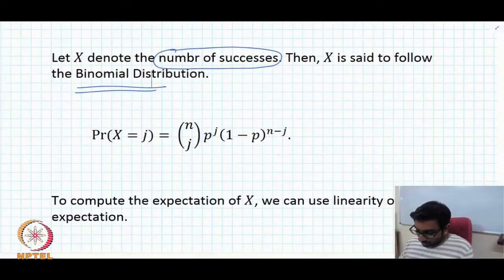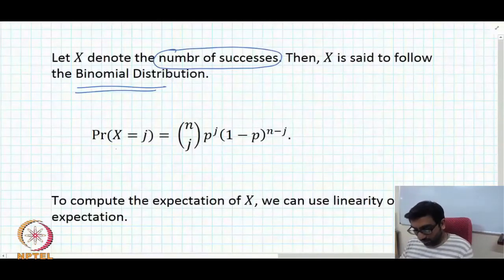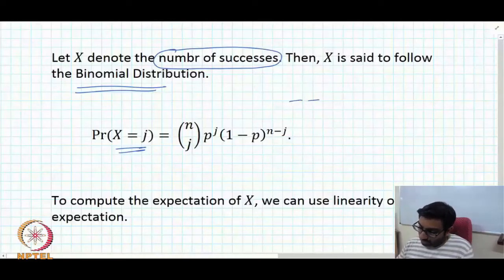So what is the probability that this random variable X is equal to J? Well, what does that mean for X to equal J? There have been n Bernoulli trials. Out of them, J trials have come out successfully.